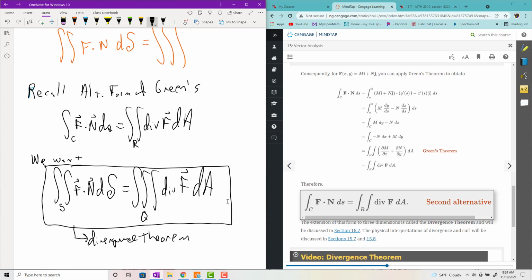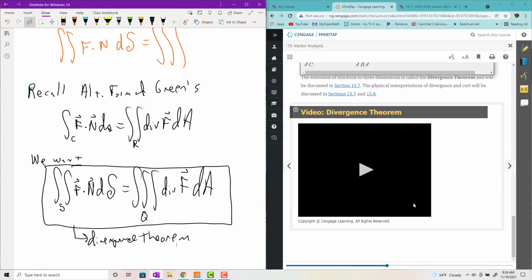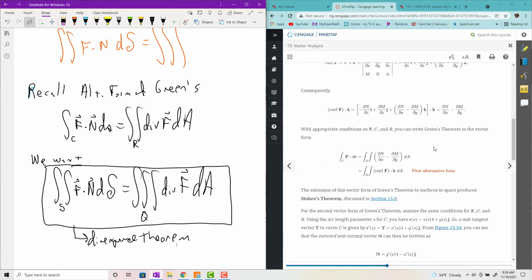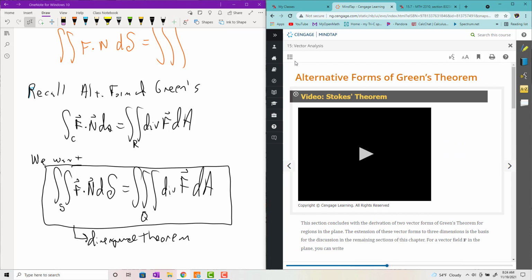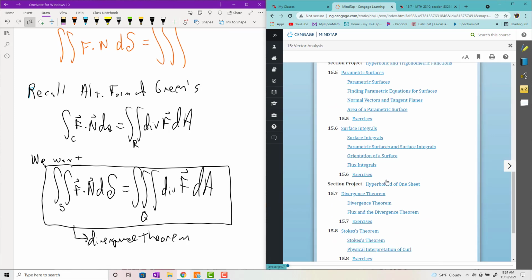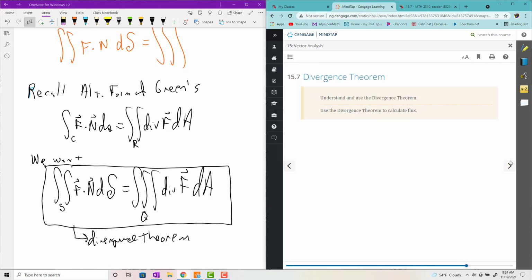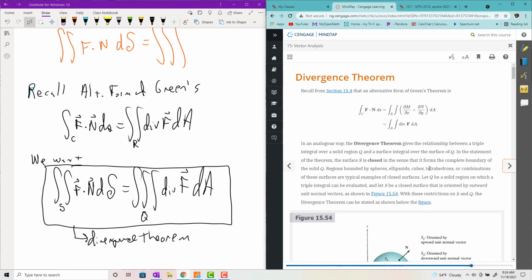And the proof of this is basically exactly the same as the proof for Green's theorem, so I'm not going to go over it. It's in the book, you can read it. So now let's fast forward to the divergence theorem here in 15.7.